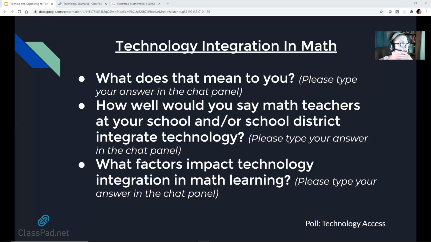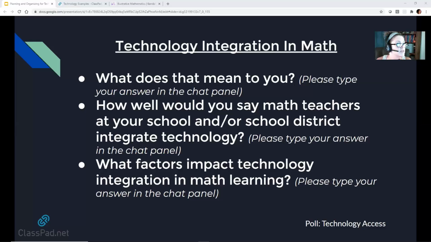Then sometimes there's one-to-one, which is not actually as prevalent, though it's probably a little more now than when I was doing my research. Mobile laptop carts were a little more prevalent. So teachers have lots of different options, and you have to know what you have and what you can use in order to decide when you're going to integrate it in the math classroom.